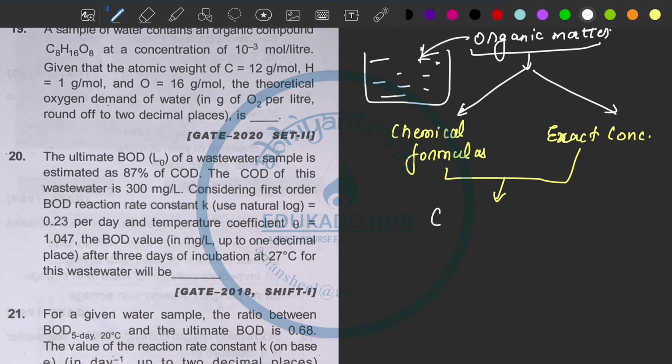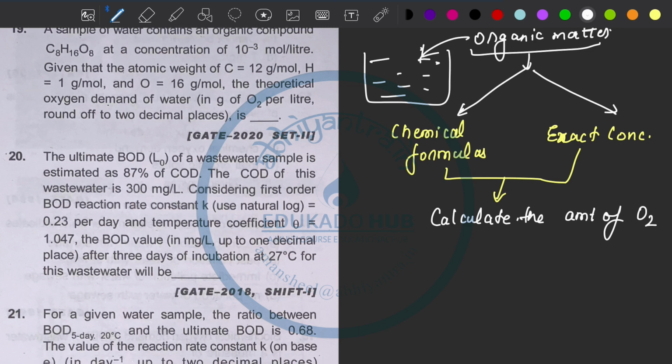So we can calculate the amount of oxygen required, right?